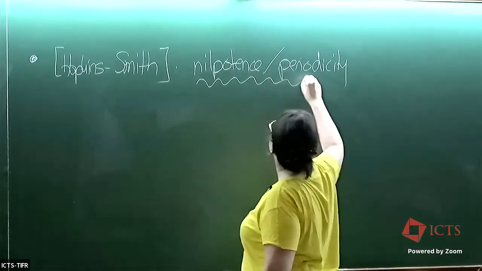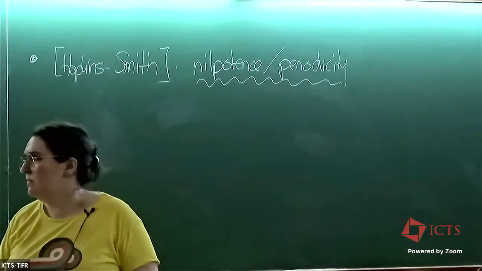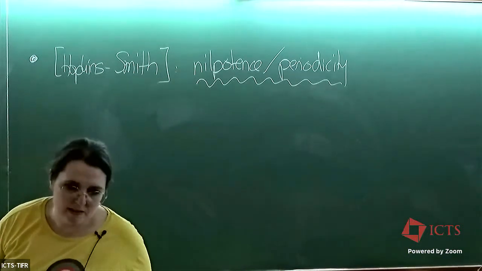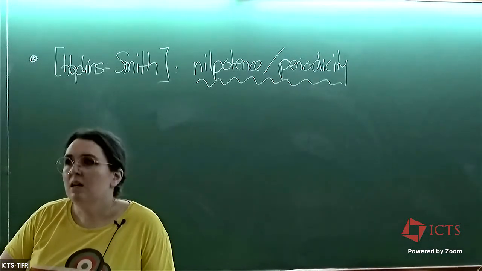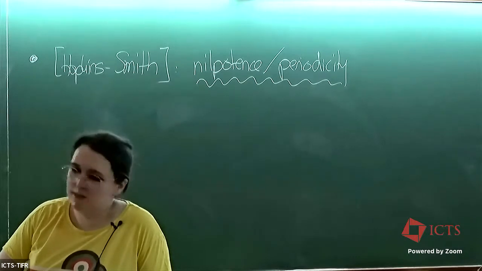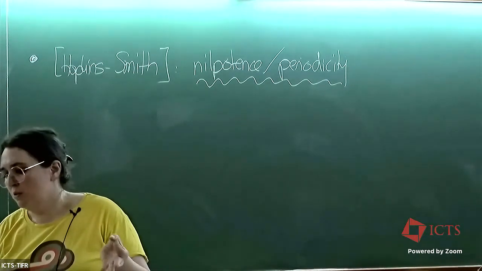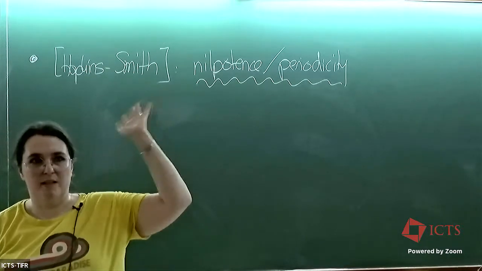So nilpotence in the context of stable homotopy theory, if you do stable or even unstable homotopy theory, one likes to look at homotopy groups of spheres, and definitely a classical result is that every element in the ring of stable homotopy groups of spheres is nilpotent, outside of degree 0.